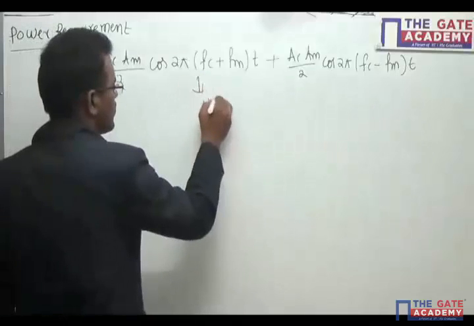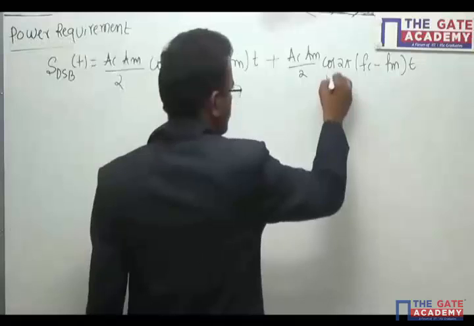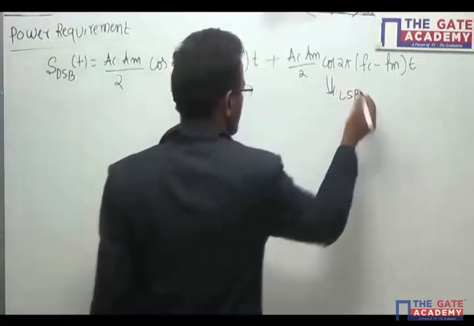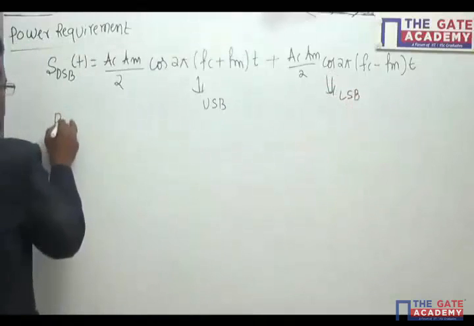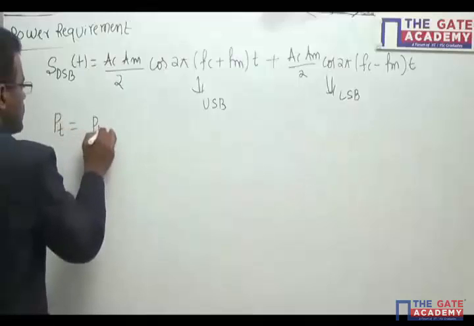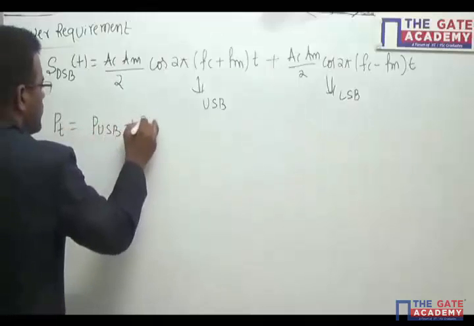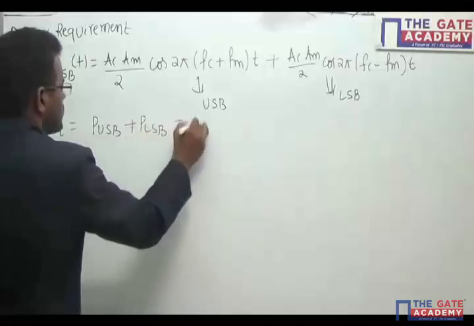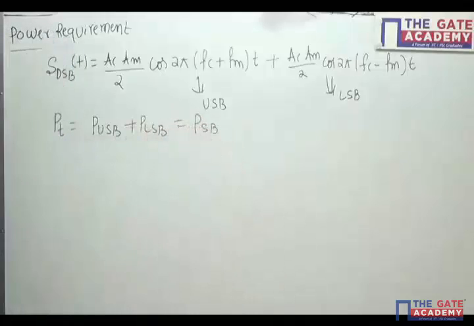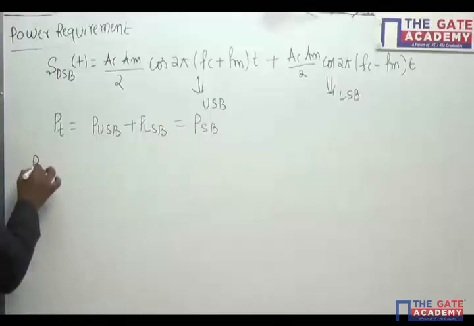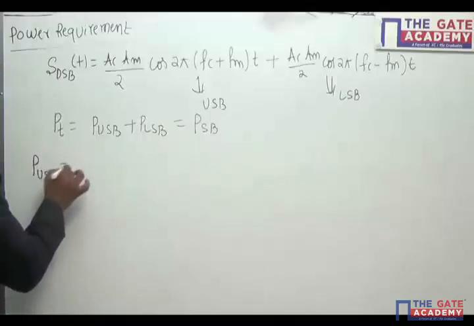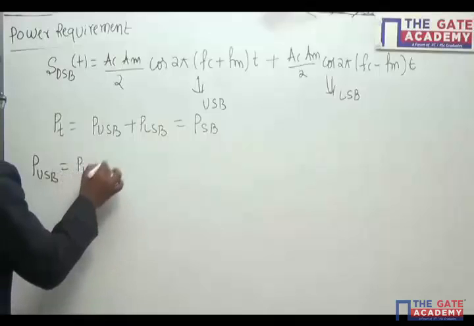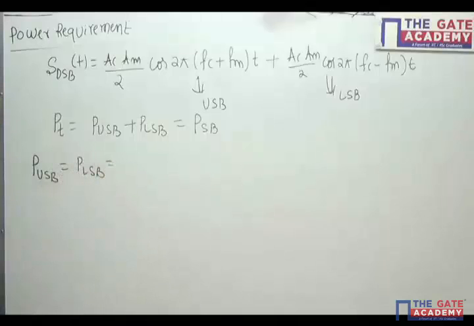Of course, the first one is the upper side band, the second one is the lower side band. So the total power in the DSBSC is the upper side band power plus the lower side band power. That is the total side band power. We have only side bands. Of course, the power of the upper sideband and lower sideband are both the same. Why? Because both have the same amplitudes.